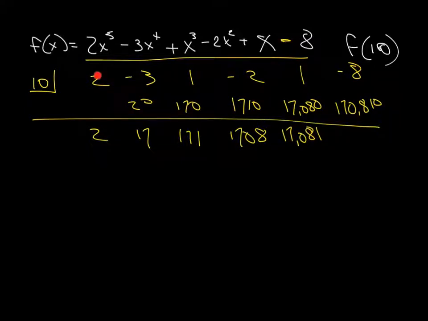So again, bring down the 2, this times this is 20, this plus this is 17, 10 times 17 is 170, add, this times this is this, add, this times this is this, add, this times this is this, add, and you get a remainder, because you're at the end, so you know that's the remainder.